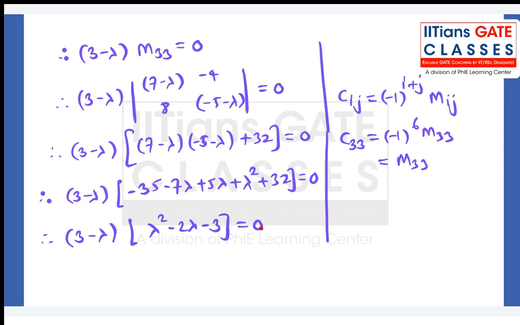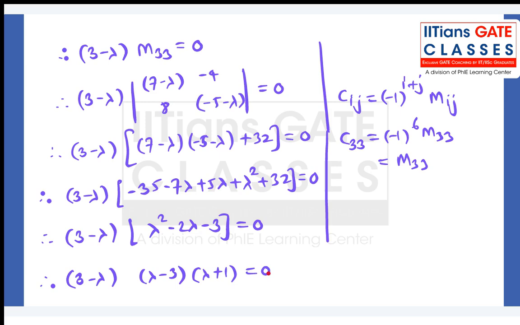Now you can directly write 3 minus lambda, and this is the expansion of lambda minus 3 times lambda plus 1, because the product is minus 3 and the sum is minus 2.